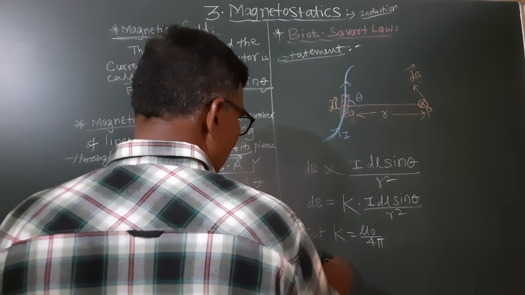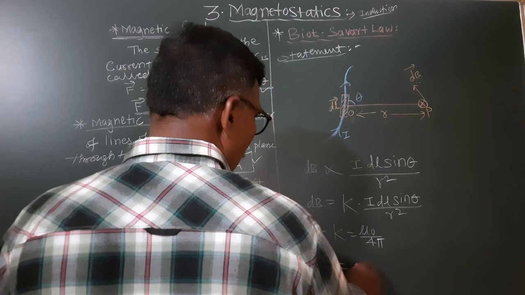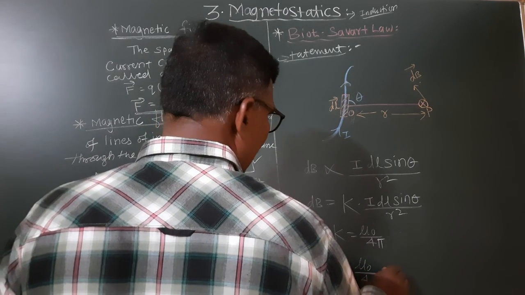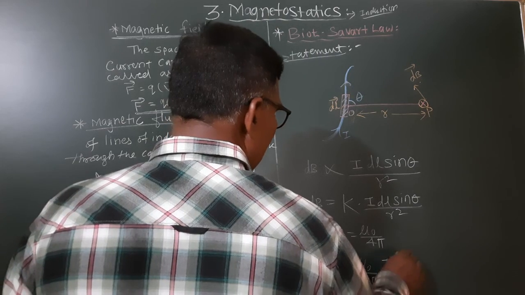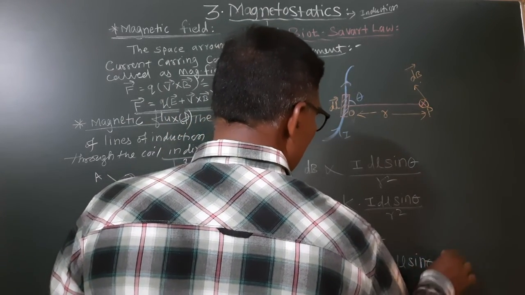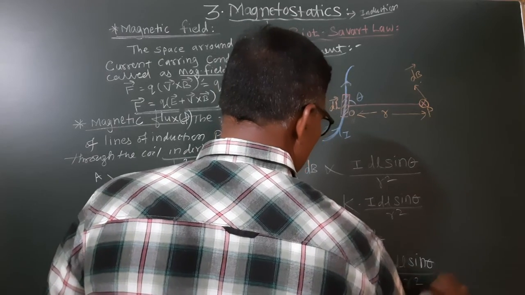So the formula becomes dB is equals to mu 0 upon 4 pi into I dl sine theta divided by r square.